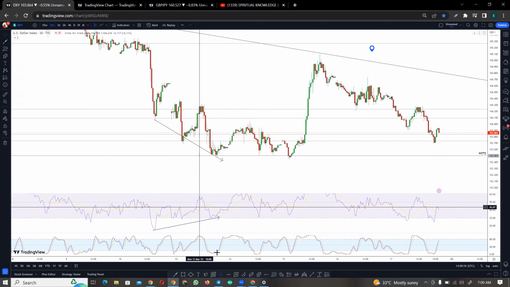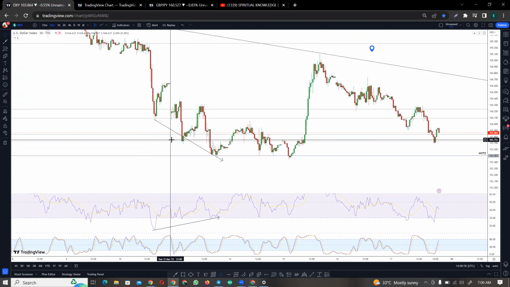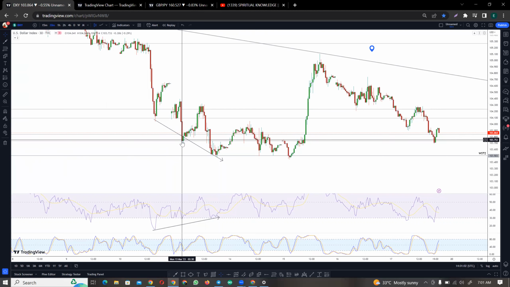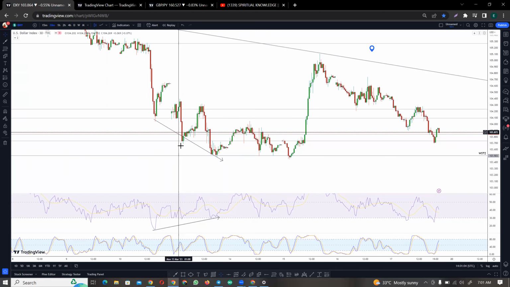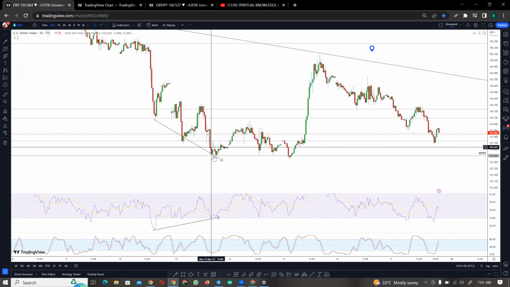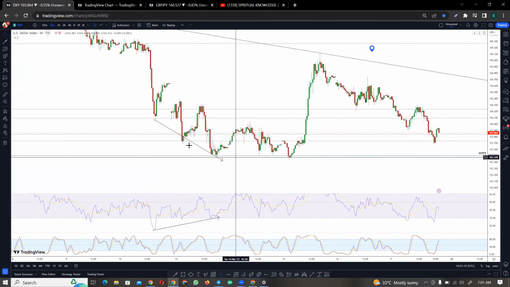we mark. This zone we have marked it already. This is a support. This is the last lower low. Before we have this lower low, market started consolidating.